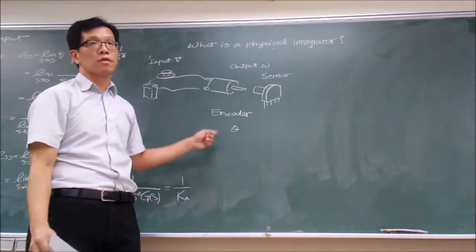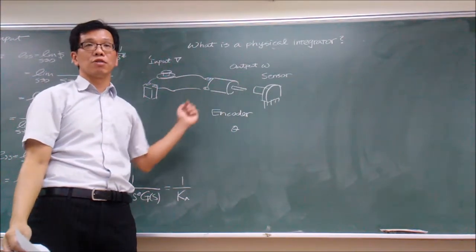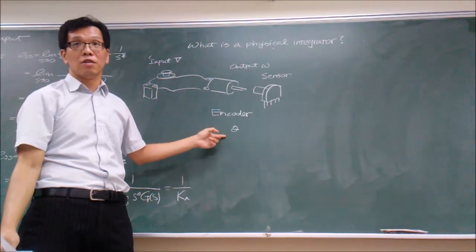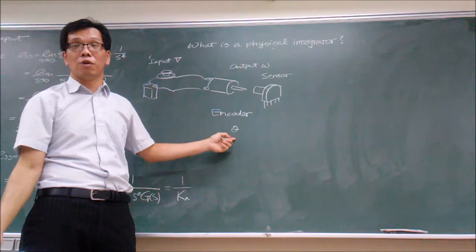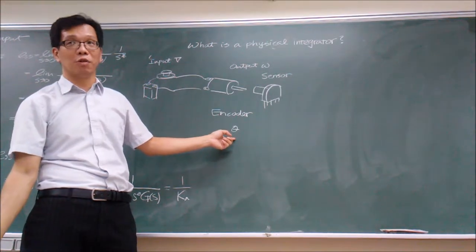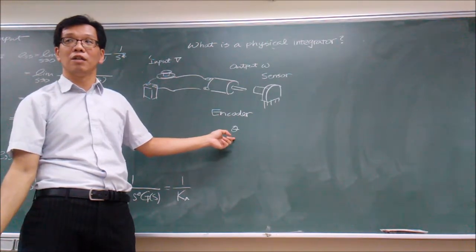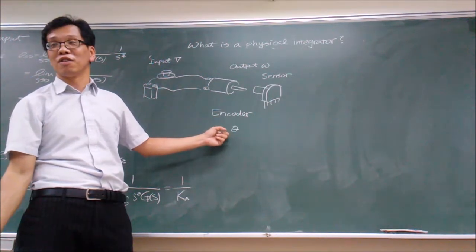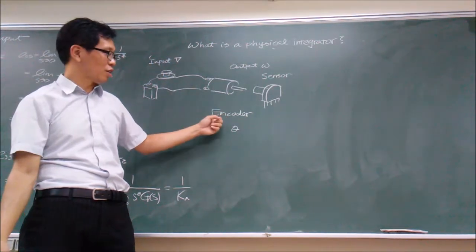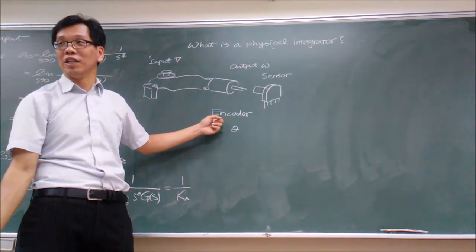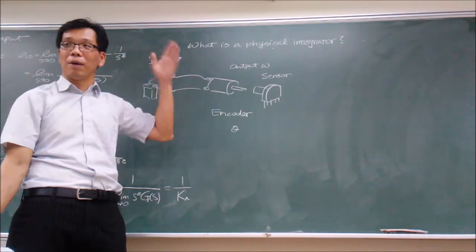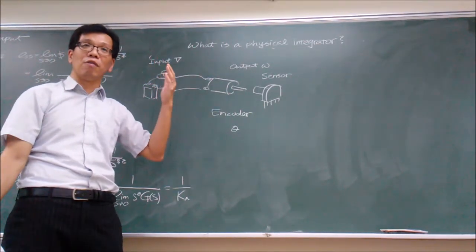So this is omega, this is theta. What are the relationships? Omega is a differentiate of theta. So if you are reading the theta, are you integrating? Omega integrates to theta. So the sensor over here is a what? Integrator.